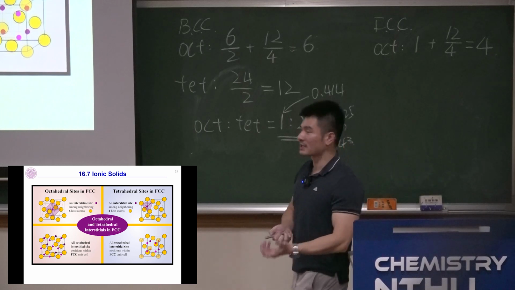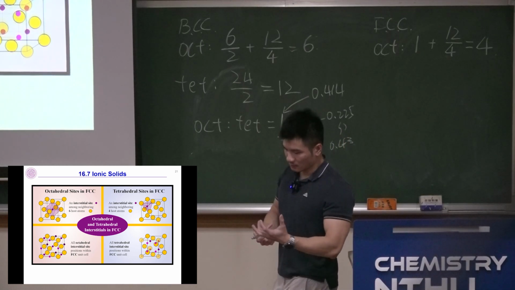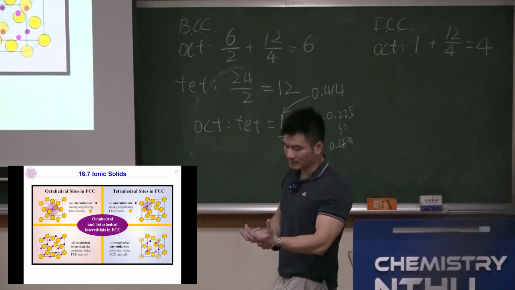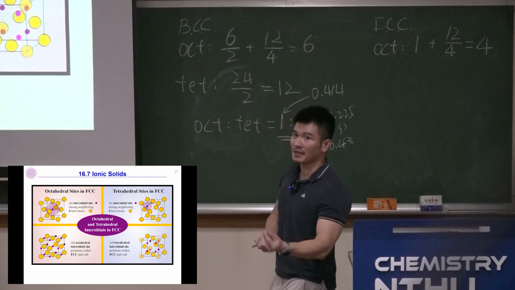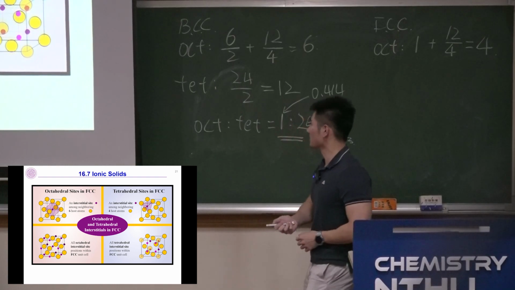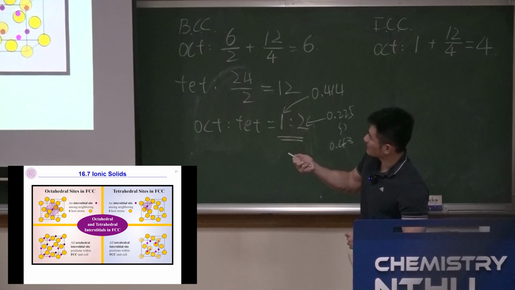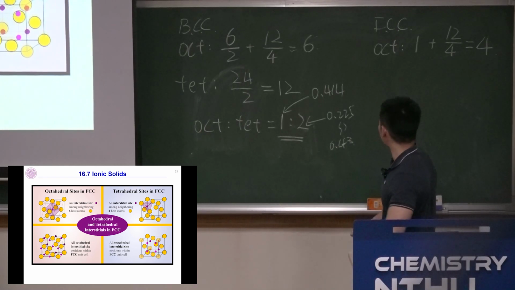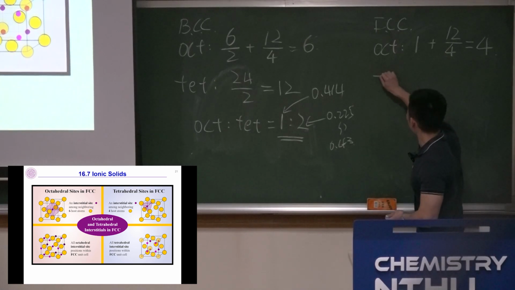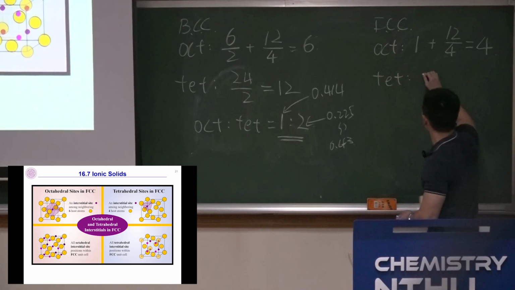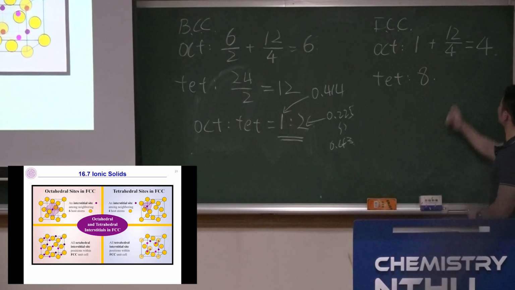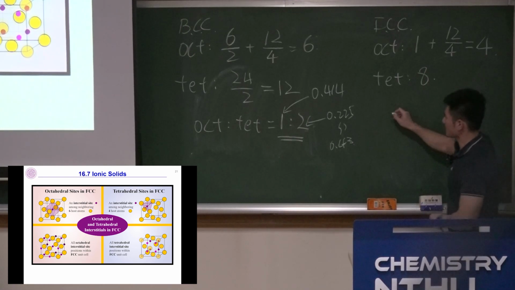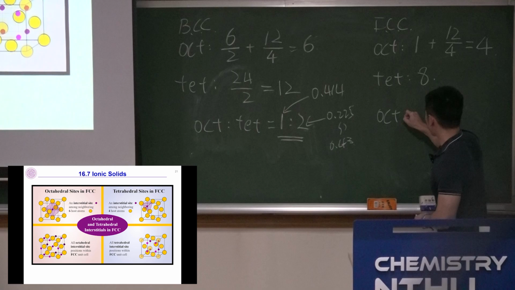This is one of the really common lattice types for ionic compounds, and we have a special name for it. It's called anti-fluorite. We'll see examples, don't worry. And as you can see, these 8 tetrahedral holes are within the unit cell. They are not shared, so we have 8. Again, the ratio does not change.